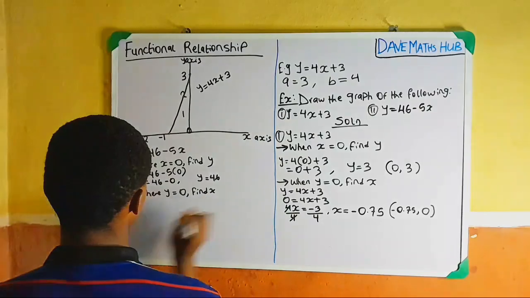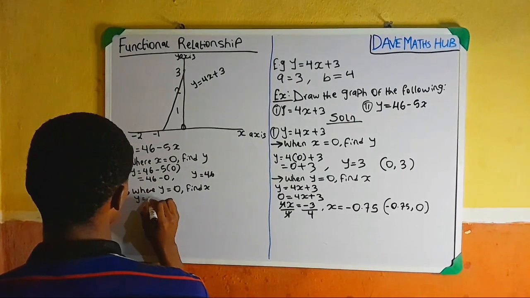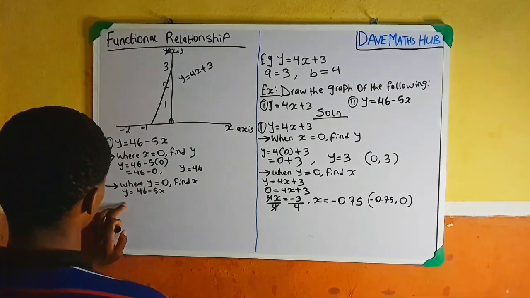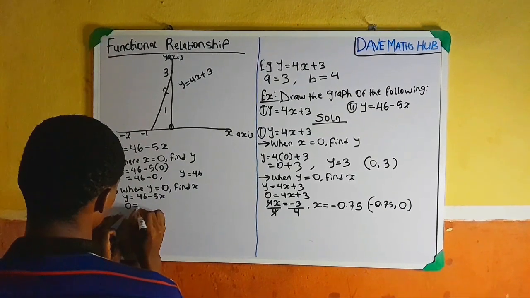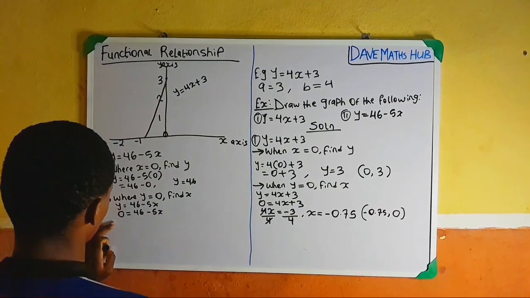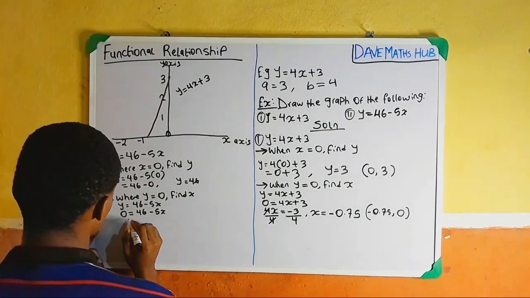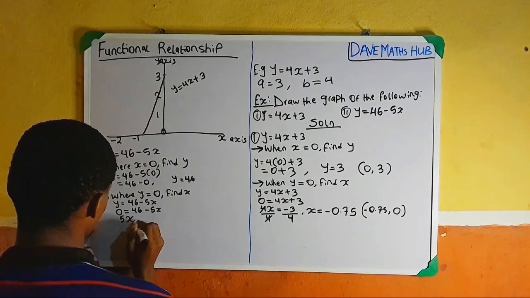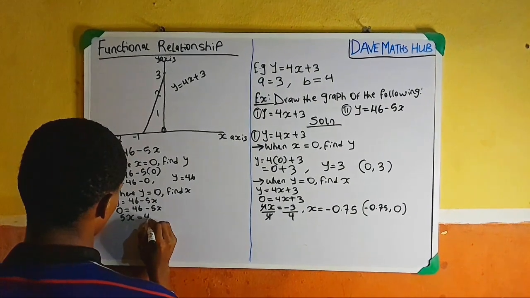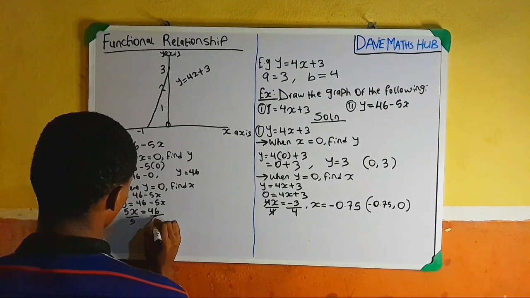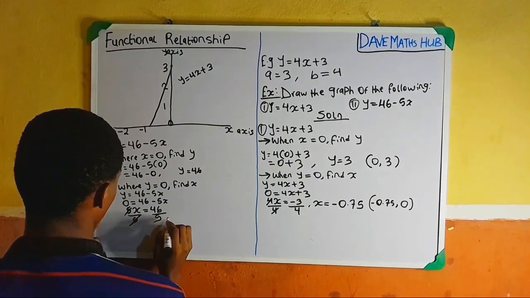So, y equals 46 minus 5x. This y becomes 0 equals 46 minus 5x. Collect like terms, then we have minus 5x coming to this side, becomes 5x equals 46. Divide both sides by 5. 5 cancels 5.